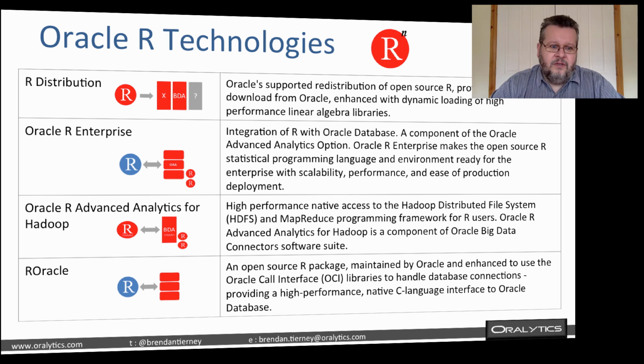Building on top of those two products, we have Oracle R Enterprise. This is where we take that R distribution that Oracle has, and we embed it as a core function of the database. So it is integrated with the database.